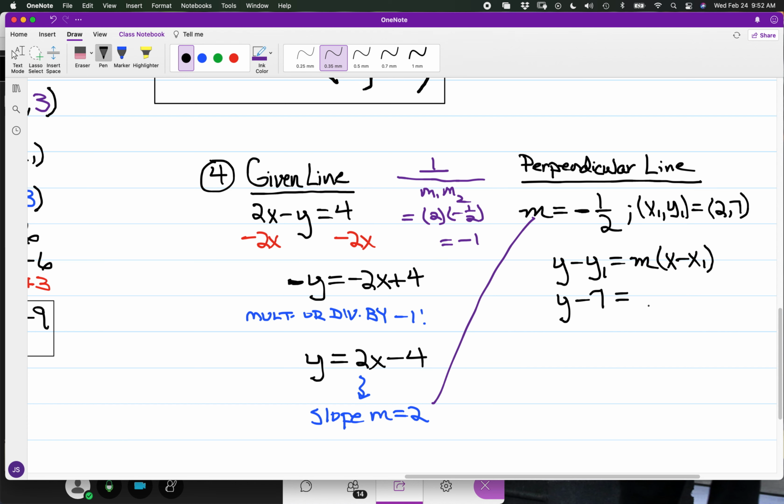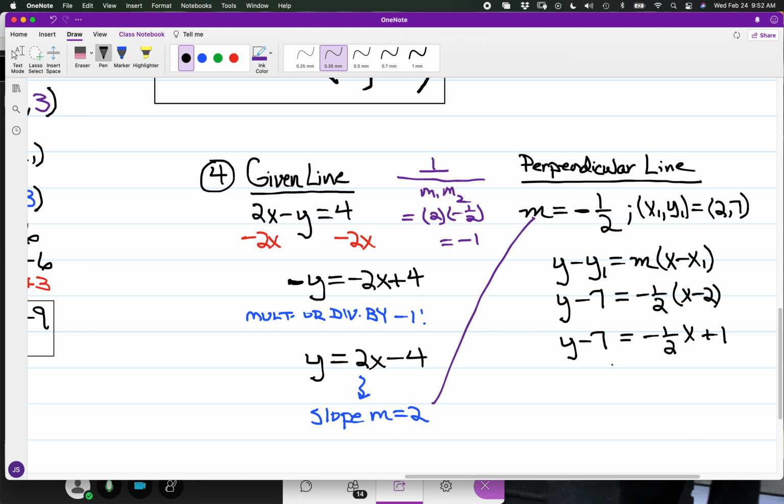We have m at negative 1/2, times the quantity of x minus 2. Distributing, we have negative 1/2 of x, and negative 1/2 of negative 2, negative times the negative is a positive, so we have plus 1.